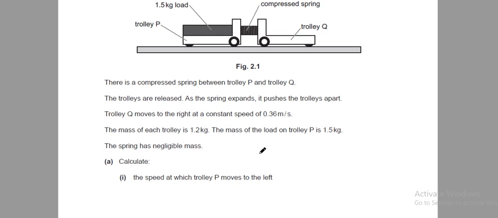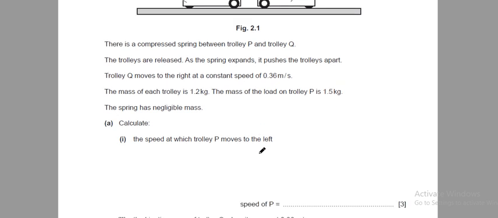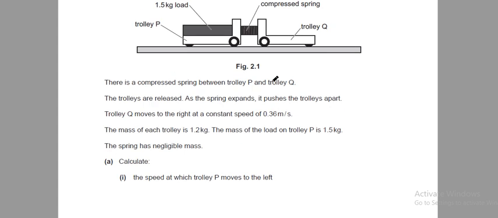So it is clear that it is a problem on the conservation of momentum, where momentum before equals momentum after. Before, the velocities of both of them were zero, so the total momentum after the trolleys are released should also equal zero.